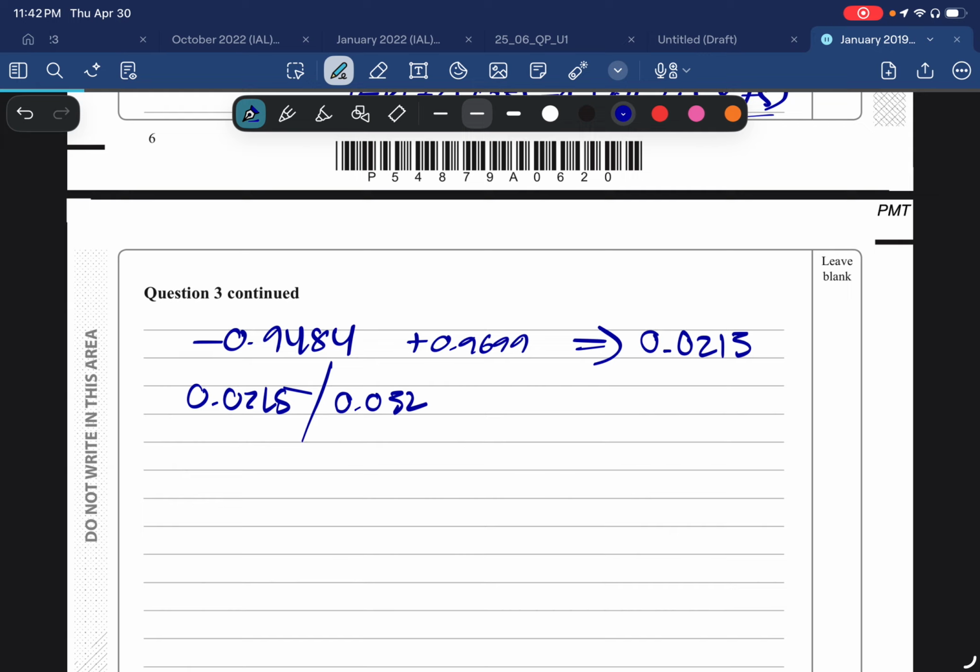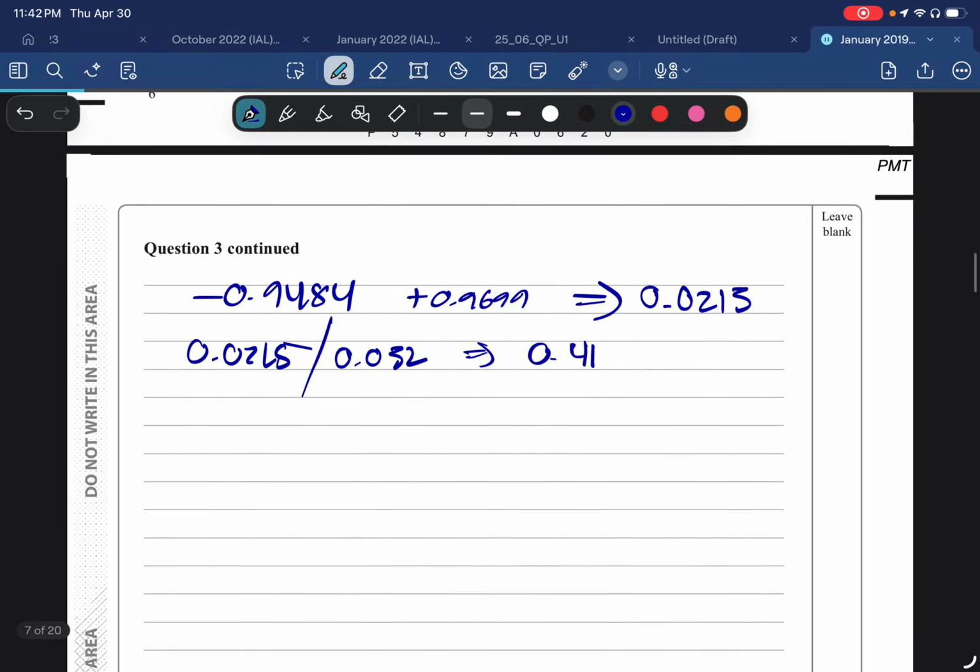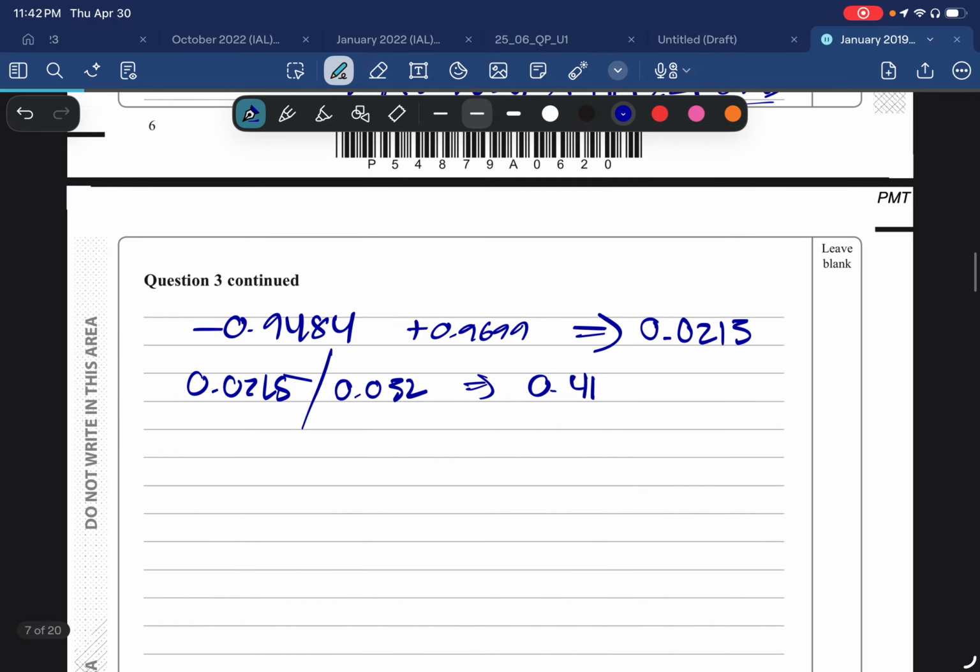And gives us a value of 0.415 something. So 0.42 would be our answer to this question.